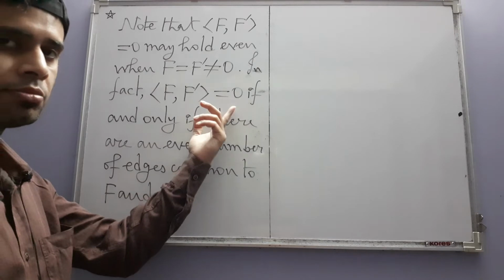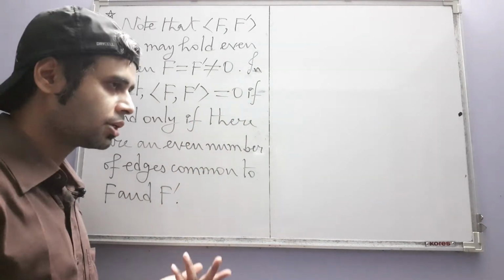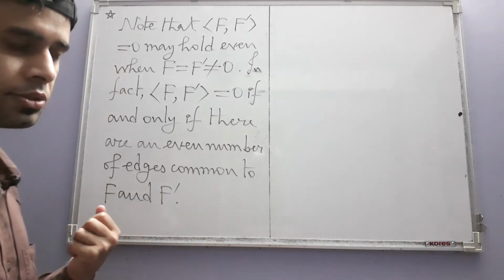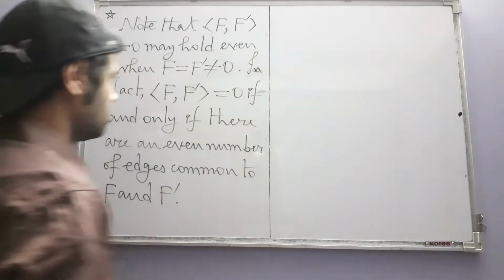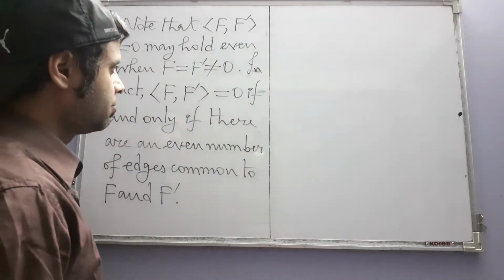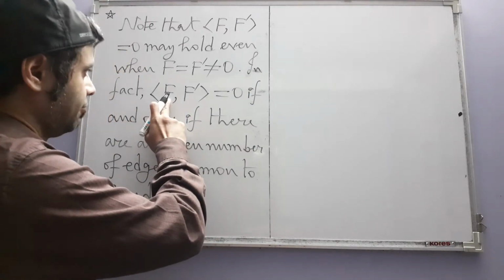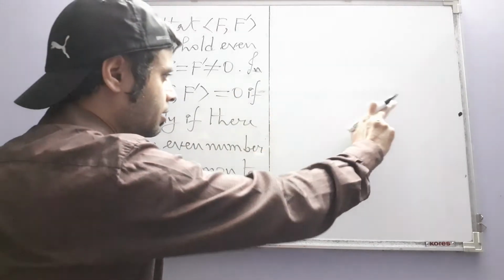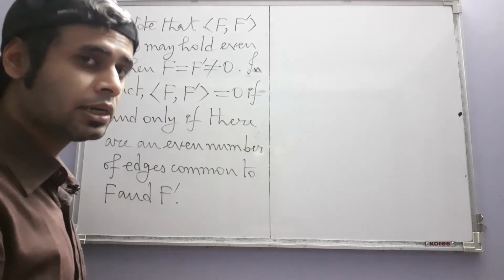In that case this will be 0, but if there are 2 edges common or 4 edges common, then also this will be 0. So let's see how. Okay, fine. Now if we actually think about expressing f as a linear combination of the basis elements in the standard basis, what will it be?